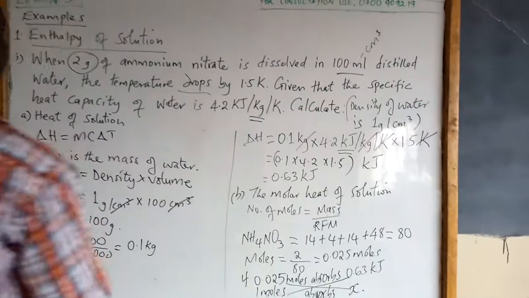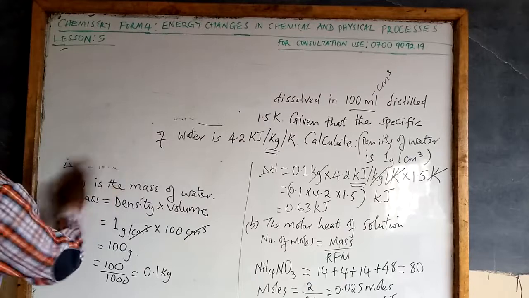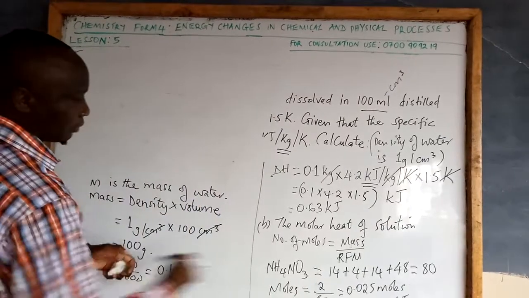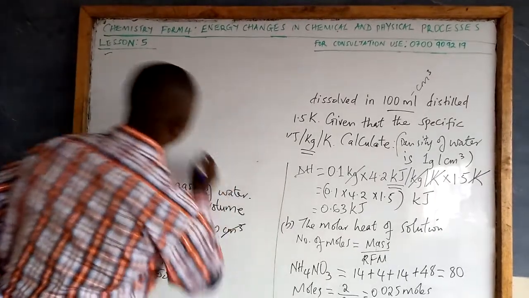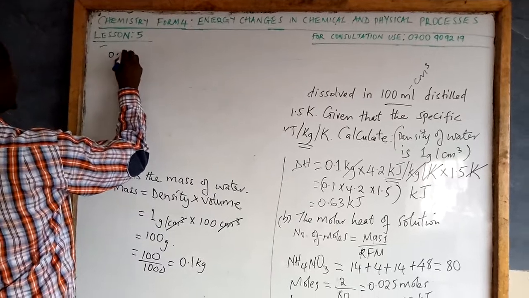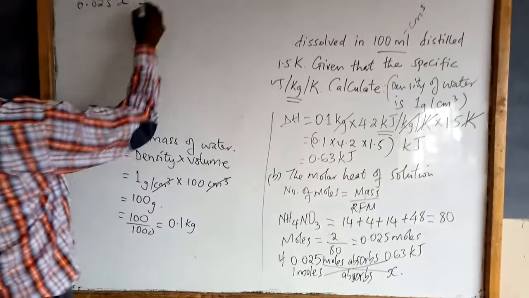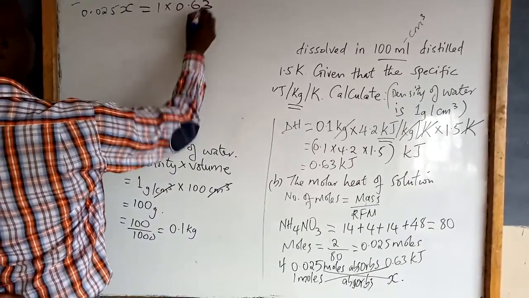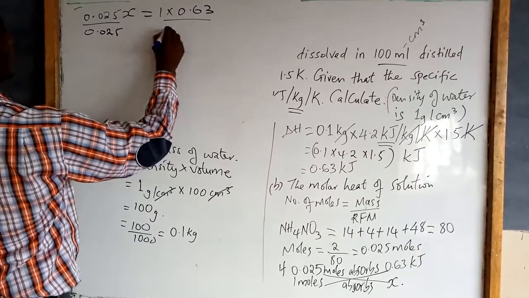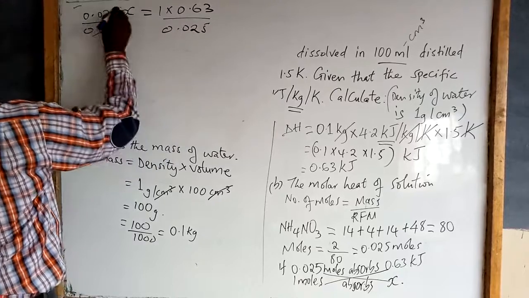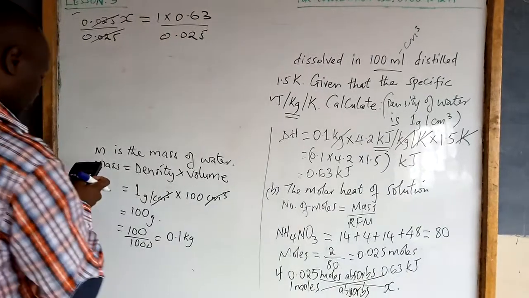Then we cross multiply. So we are going to have 0.025x is equivalent to 1 times 0.63. So divide by 0.025 on both sides.